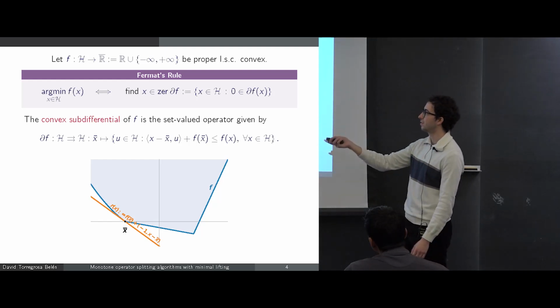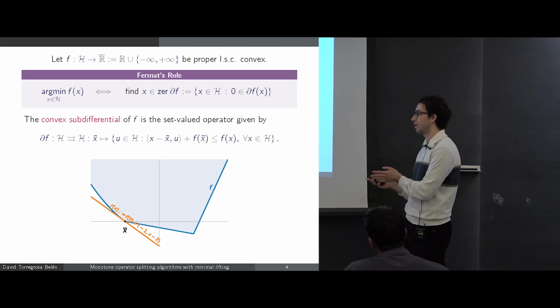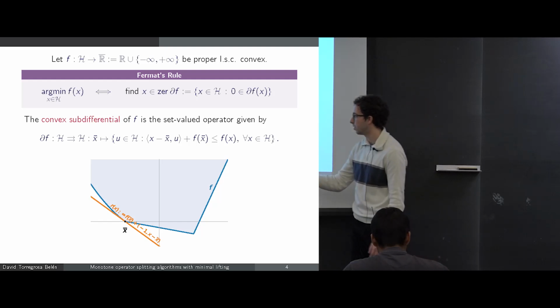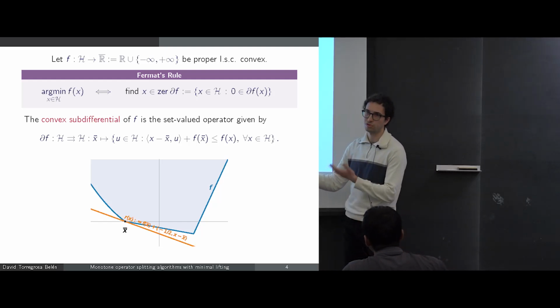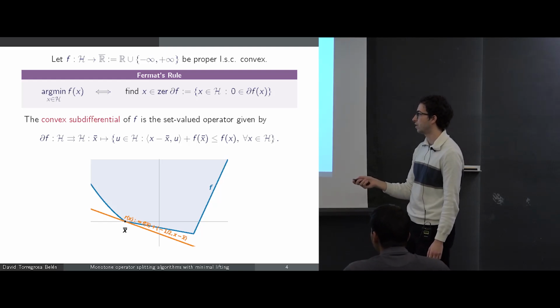So as I said, it is set-valued because the subdifferential can have multiple images. For example, the point -2 would also be a subgradient, would also belong to the subdifferential, because this other line also leaves the epigraph above.